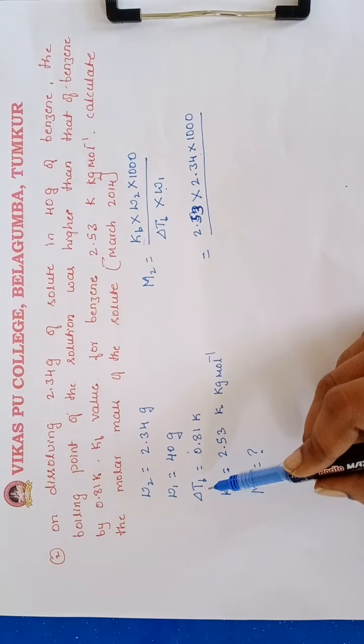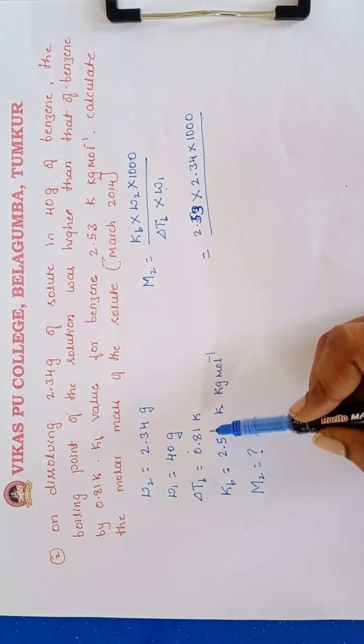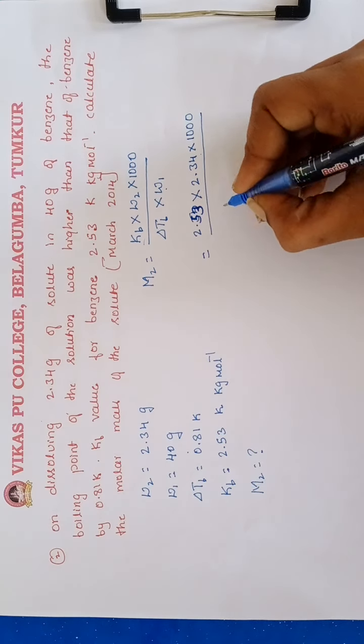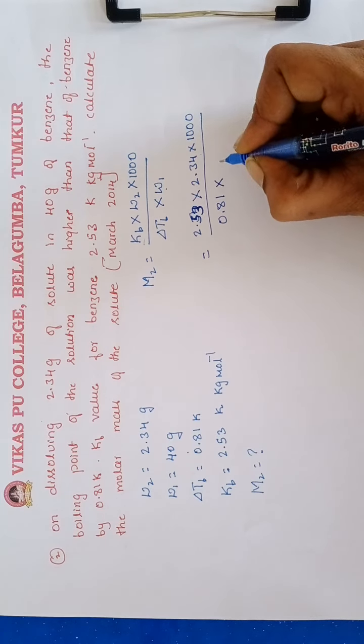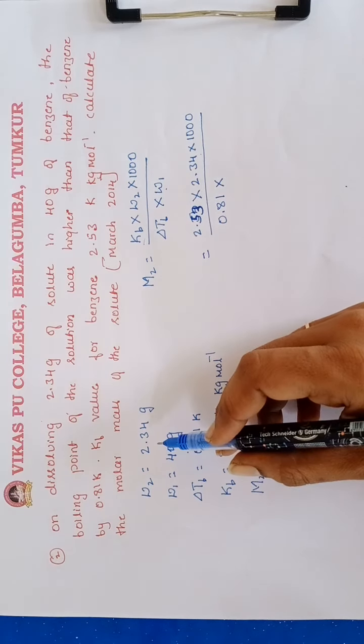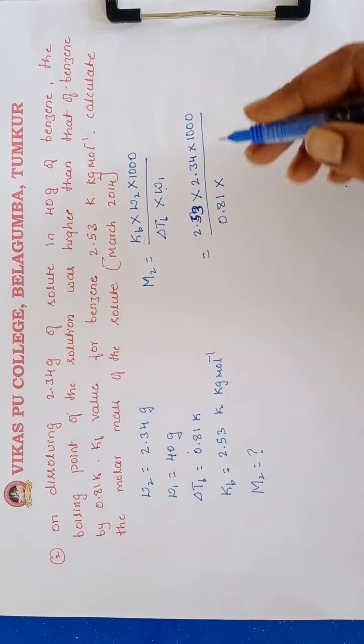How much is given for delta TB? That is the increase in the boiling point, 0.81 Kelvin. 0.81 into W2, how much is given? That is 2.34.